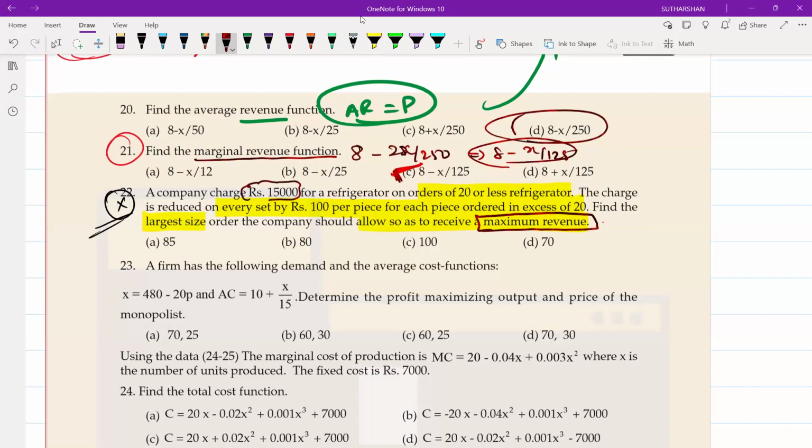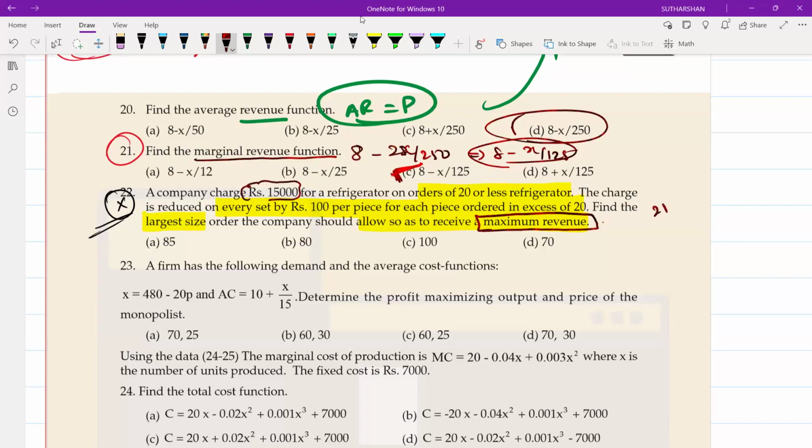A company charges 15,000 for a refrigerator on an order of 20 or less refrigerators. The charge is reduced by rupees 100 per piece for each piece ordered in excess of 20.